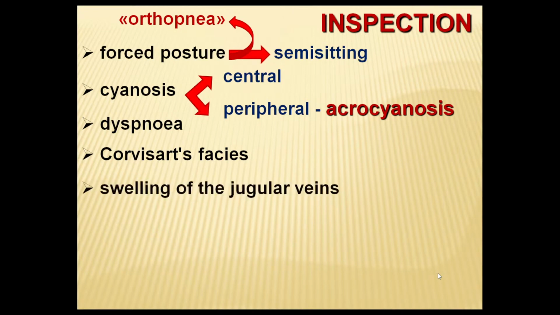We can see swelling or dilation of the jugular vein due to congestion of blood in the greater circulation. We can see progressive edema, first of all on the lower extremities, then the entire body. We'll come back to our initial picture which characterized blood circulation, as I explained.